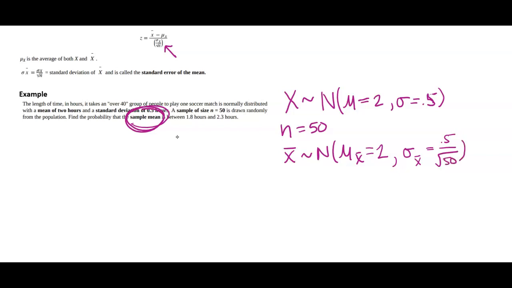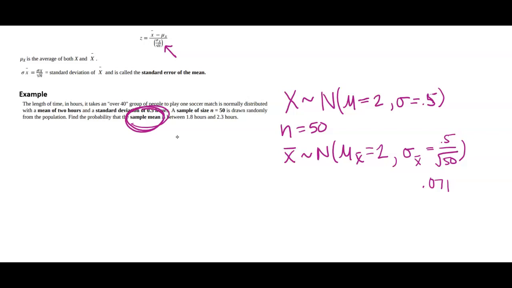Let's go ahead and find what that is. If you're using a 4-function calculator, you have to take the square root of 50 first, and then take 0.5 and divide it by that number. And we end up getting 0.071 when we do that.